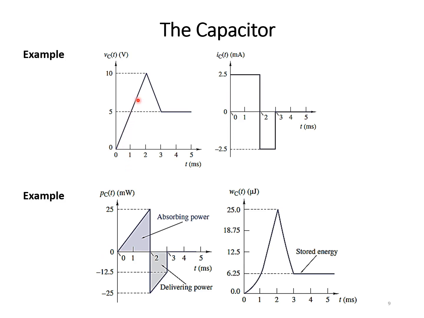As it is linearly increasing and this is constant, you can take this value, this is 10, and this value at this 2 millisecond is 2.5, therefore it is 25. As current is in milliampere, this will be milliwatt over here, and then take this value of the current and for this segment and for this segment and so on and so forth. You can find the power.